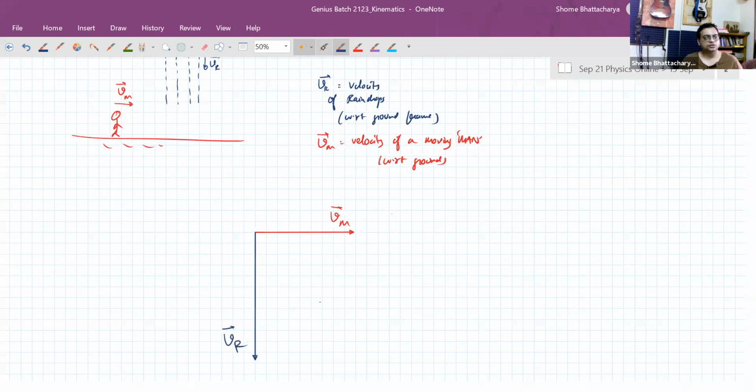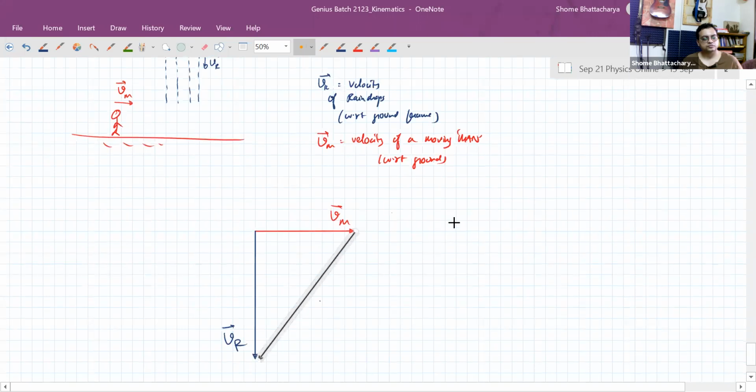So the relative velocity of the rain with respect to him will become this vector. And it will be falling at a slant angle theta like this. So to this man who is himself moving like this, the rain will appear to fall in this sort of direction.